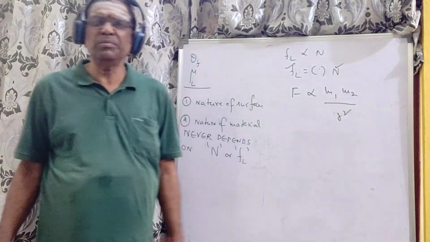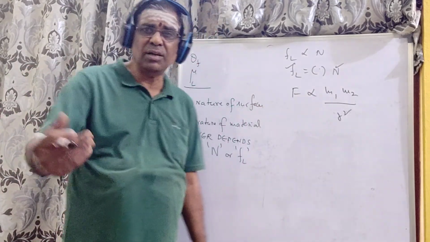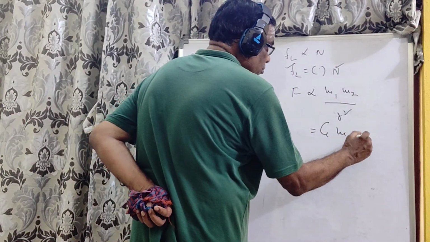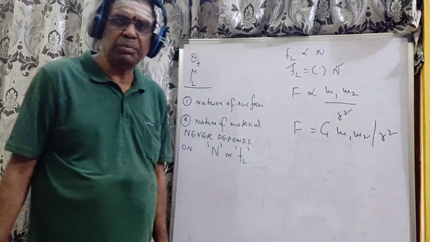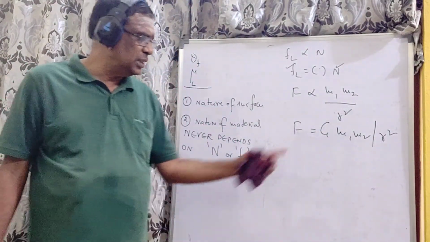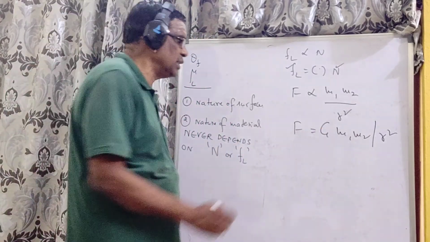The most famous law of gravitation is called the universal law of gravitation. And when you remove that proportionality, you will introduce a constant which is incidentally known as the universal gravitational constant.